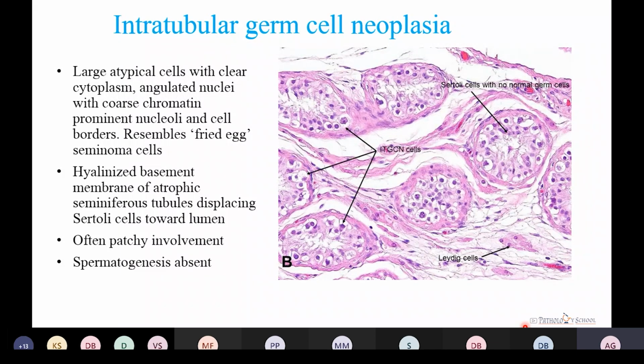It resembles the fried egg appearance seen in seminoma cells. The basement membrane is hyalinized and the seminiferous tubules are atrophic, displacing the Sertoli cells towards the lumen. There is often patchy involvement and spermatogenesis is absent.